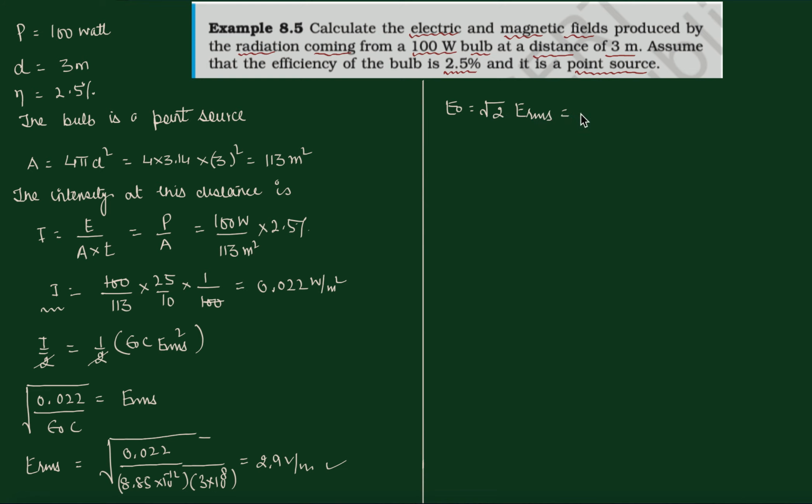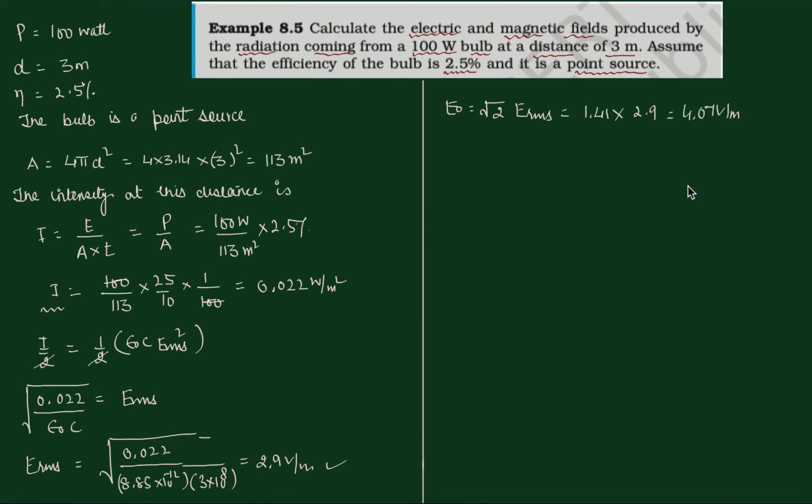So this is √2, that is 1.41, this is 1.41 cross 2.9 volt per meter, so this is equal to 4.07 volt per meter. Alright, so this is all about the maximum value of the electric field at this point.